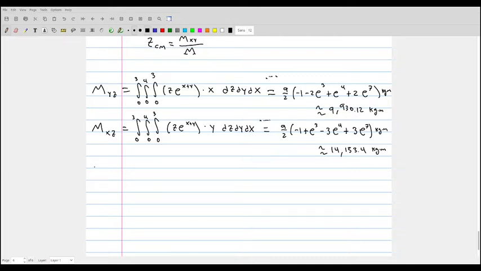And then lastly, the z moment, or mxy, will be the triple integral over omega, so from 0 to 3, from 0 to 4, from 0 to 3, of the density function, z times e to the x plus y, times z.